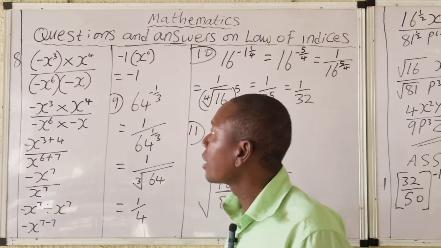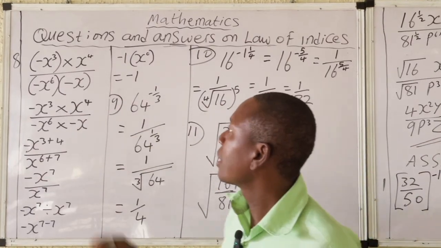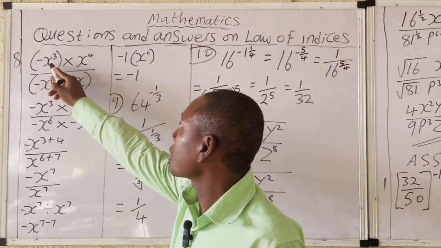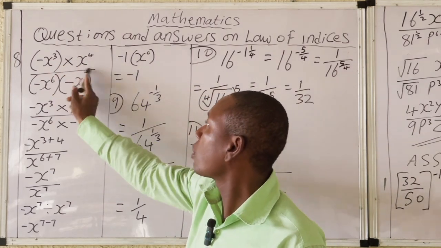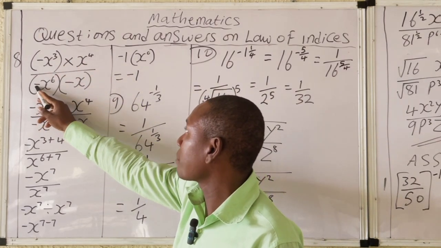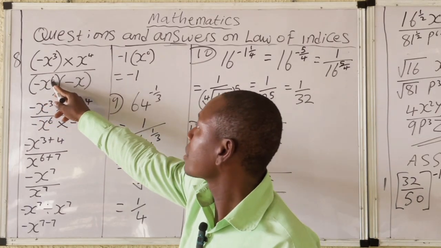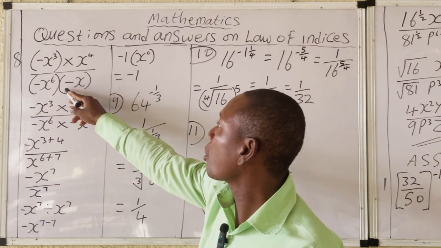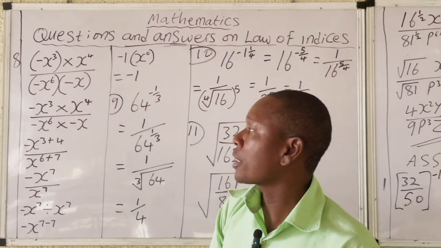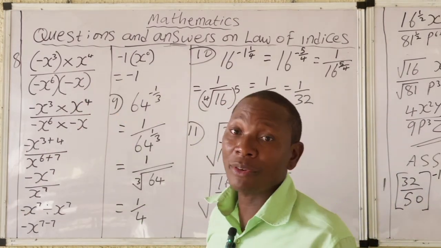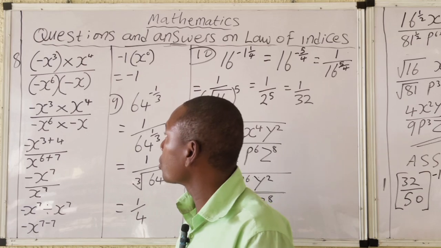So let's solve number 8. Open bracket minus x raised to power 3, close bracket, times x raised to power 4 all over minus open bracket minus x raised to power 6, close bracket, open another bracket minus x, then close bracket. You can see the question on the board. This is a very direct question. What do you need to do?